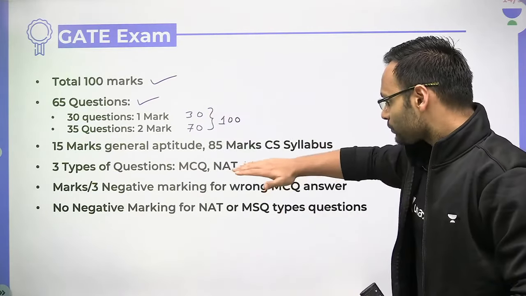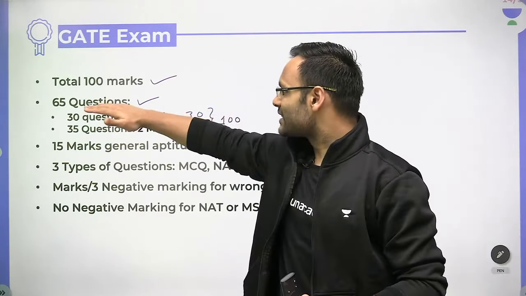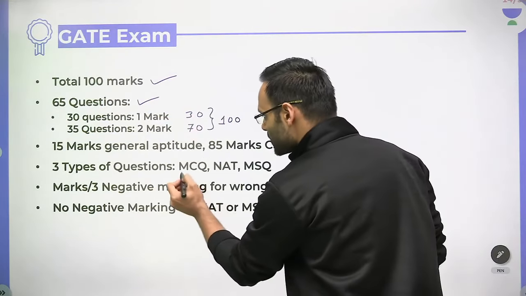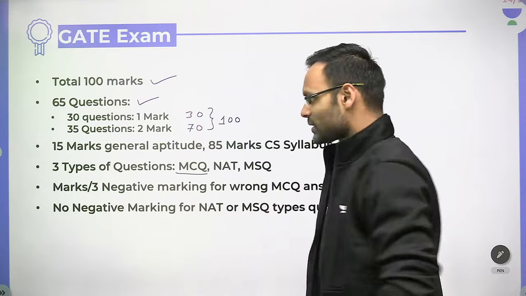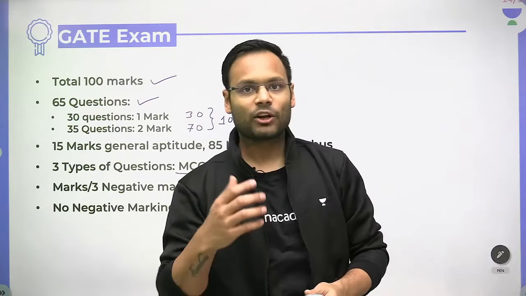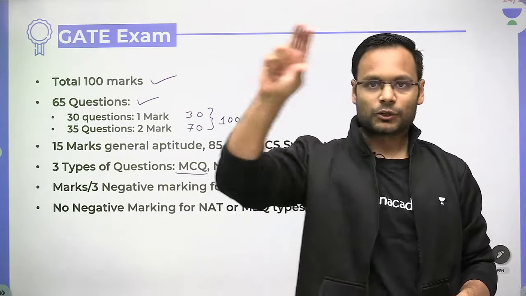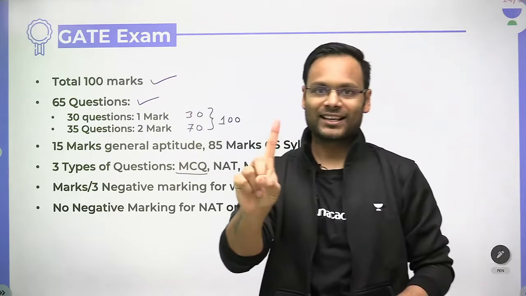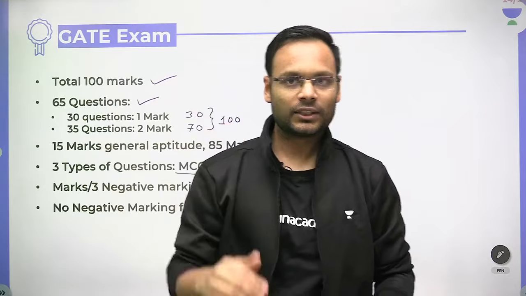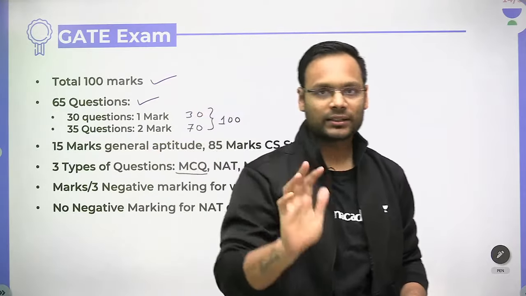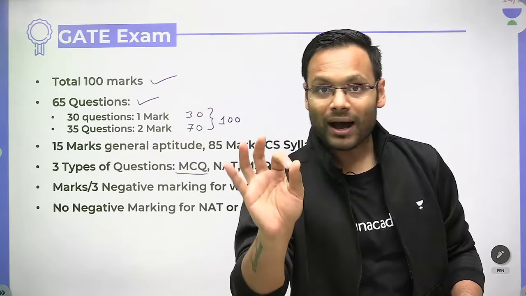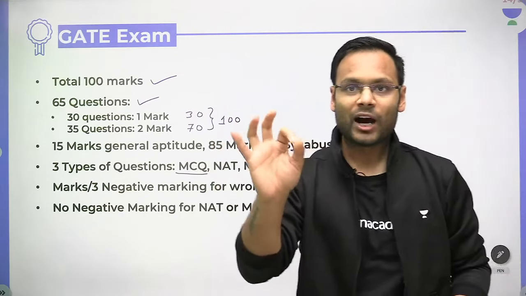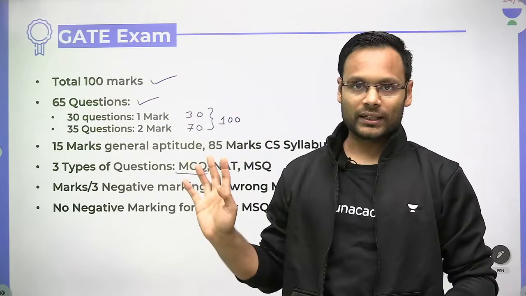Now in these 65 questions, you will have 3 types of questions. One is MCQ, multiple choice questions. The question will be an objective type question: a question with 4 options, among which only one is correct. If you tick the correct one, you will get 1 mark or 2 marks. If you mark wrong in an MCQ type question, then you will get negative marking.